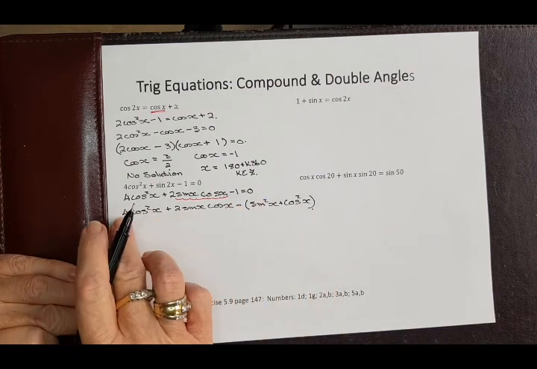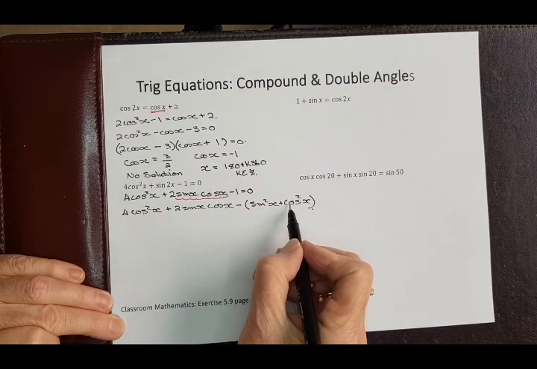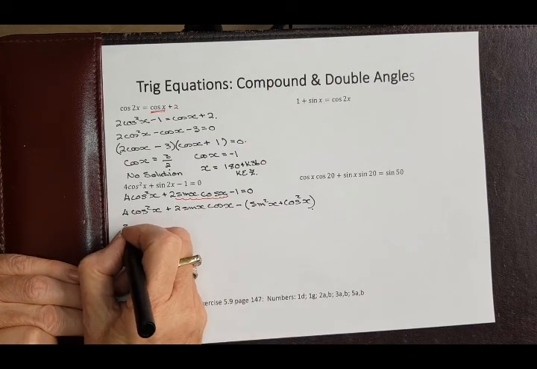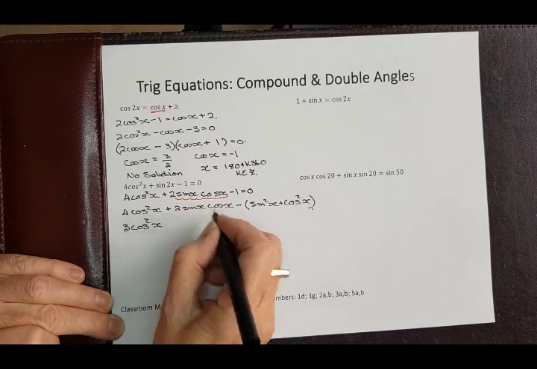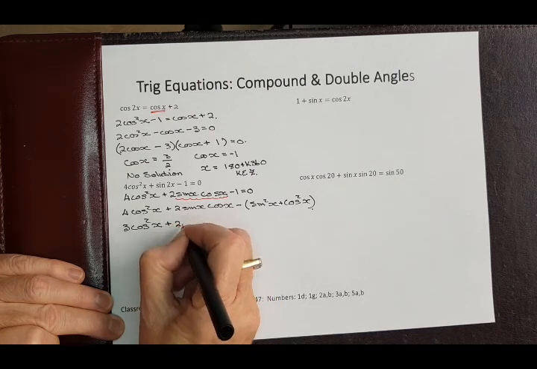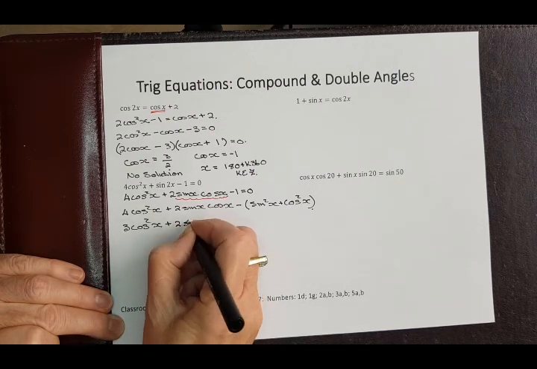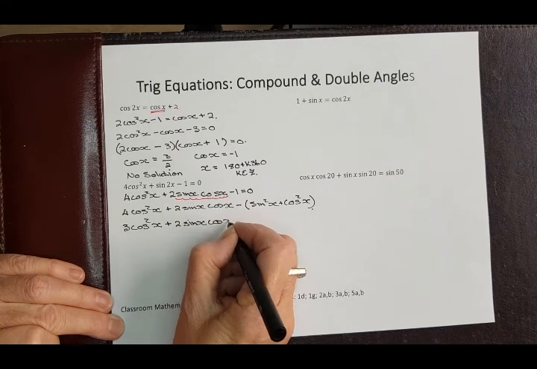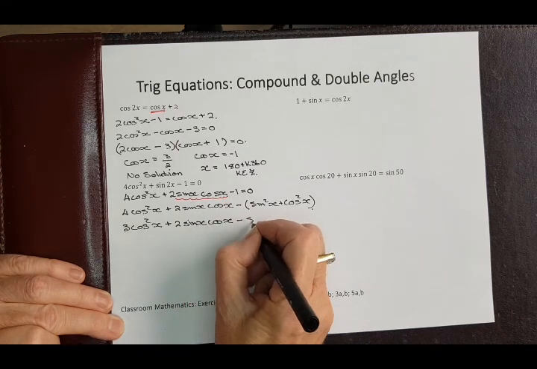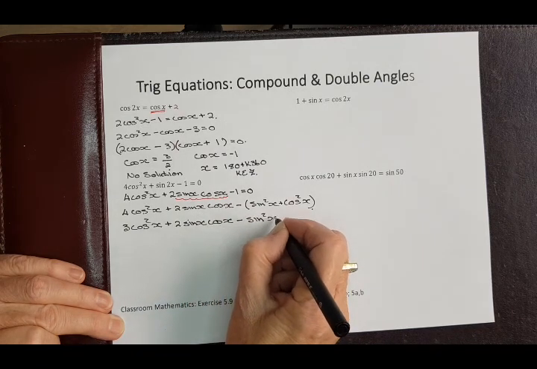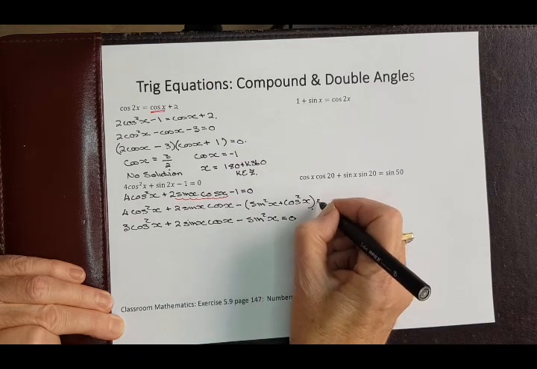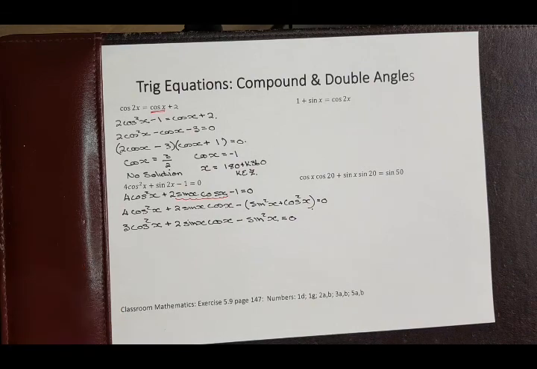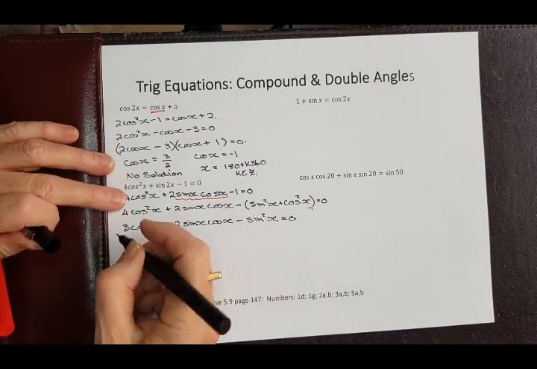Simplifying, 4 cos squared x minus cos squared x is going to be 3 cos squared x plus 2 sine x cos x minus sine squared x is equal to 0. Sorry, I left out the equal 0 over there. I now need to factorize this.